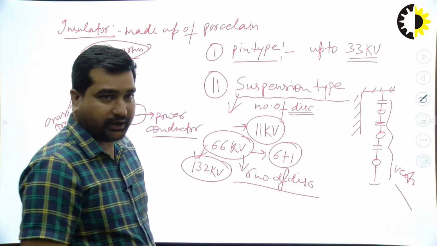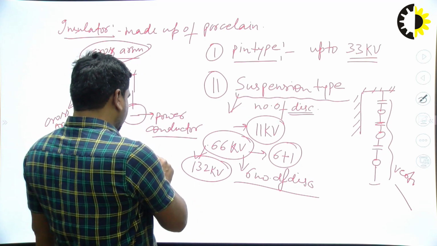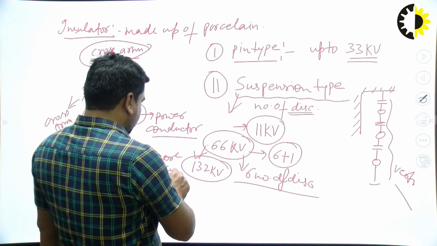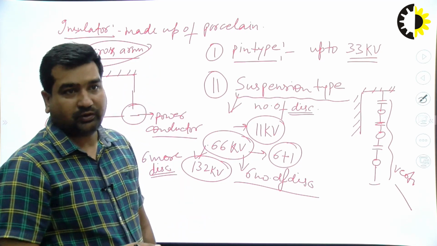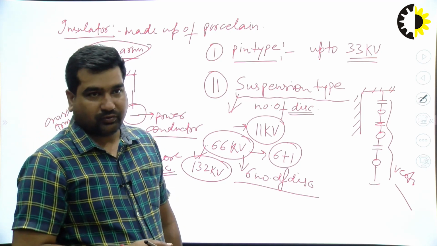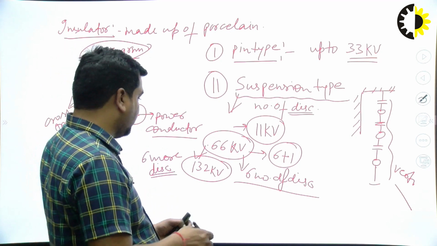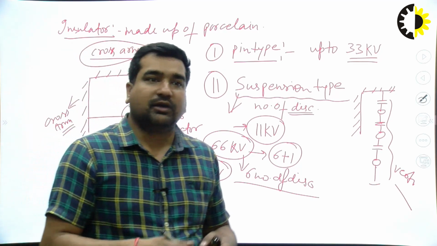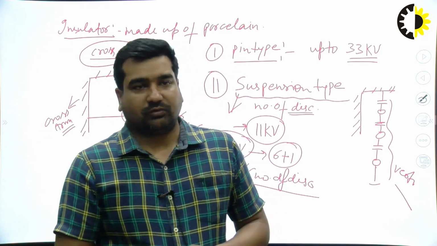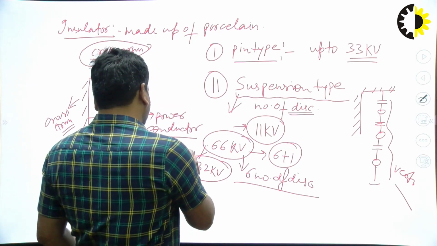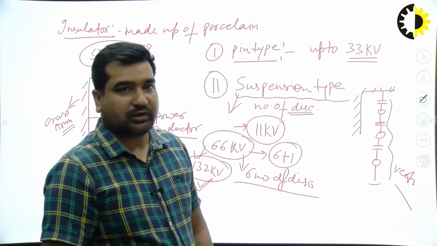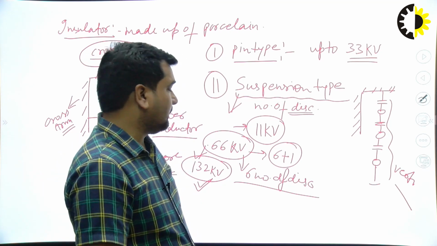Then we have to add 6 more discs to the existing insulator. We don't need to create a whole 12-disc insulator; we only need to add 6 discs. That is the advantage of the suspension type.